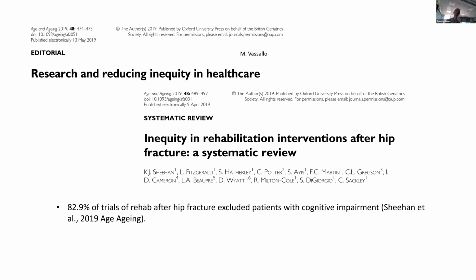And shockingly, over 2/3, 80% of trials of interventions after a hip fracture exclude patients with cognitive impairment, despite the fact that 1 in 3 patients admitted with a hip fracture has cognitive impairment. So it's raising the concern that the research population is not matching the patient population that research is ultimately intending to serve.